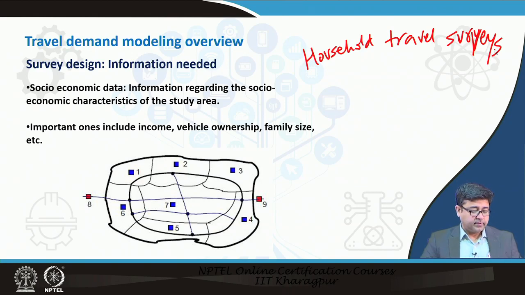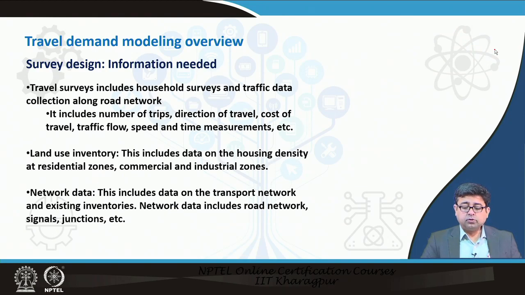The other type of surveys that are conducted include traffic data collection along roadway networks. So you would have to have information about what is the existing volume of traffic on your highways. So in order to do that, you have to collect data about the traffic volume on your roadway network.